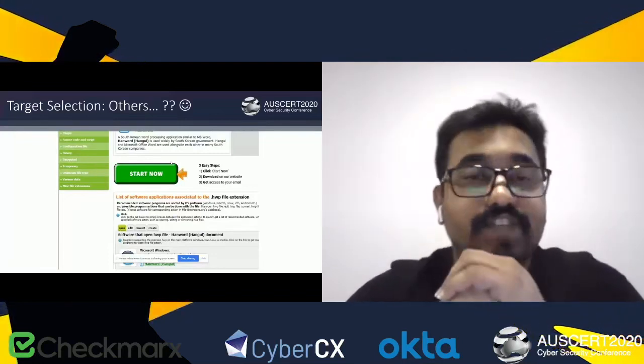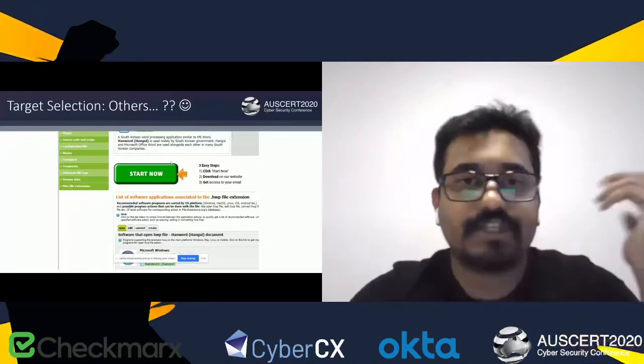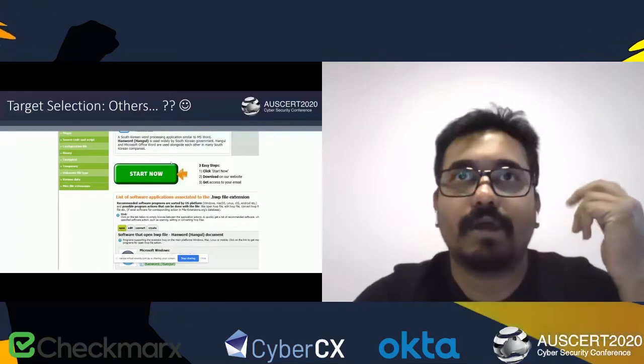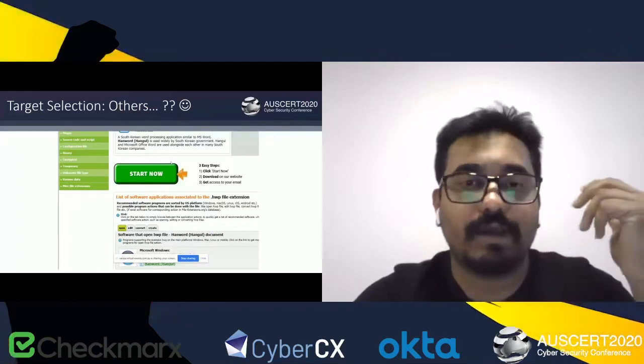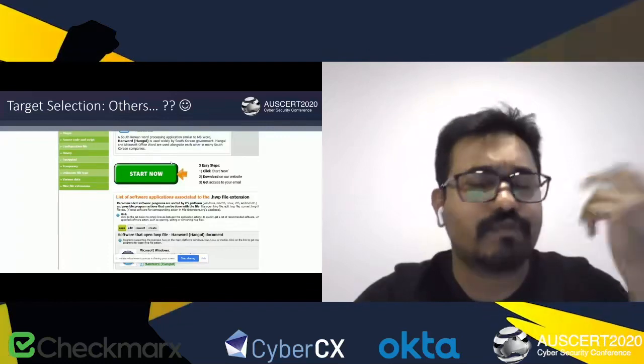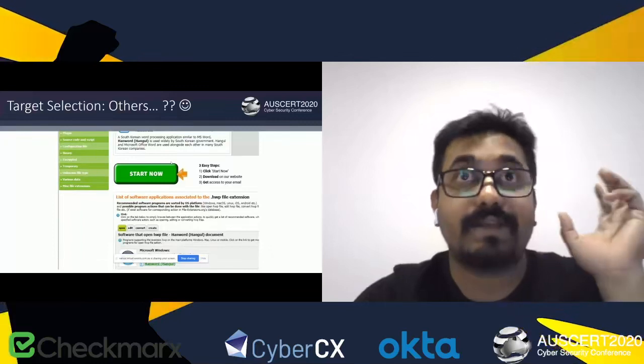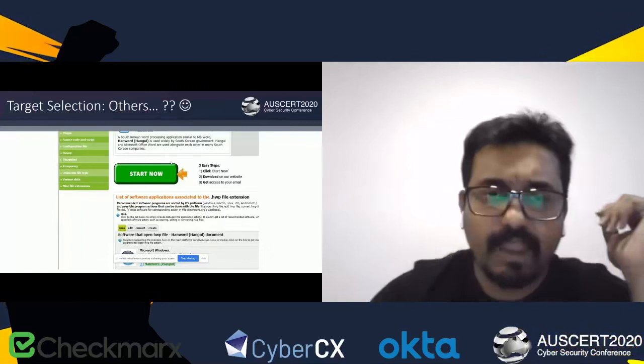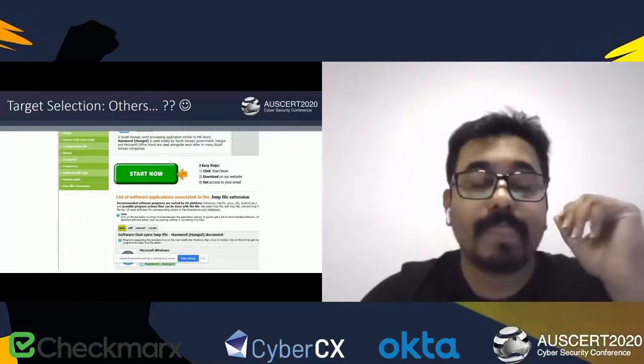Similarly, you can also see Japanese word processor. Just search on Google for Japanese word processor, Polish word processor, Chinese word processor, and you'll find several applications which are not so famous, but they are dedicated to that particular language and that particular format. So you can target those as well.